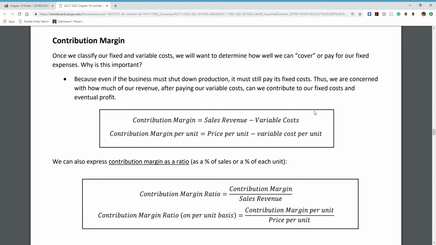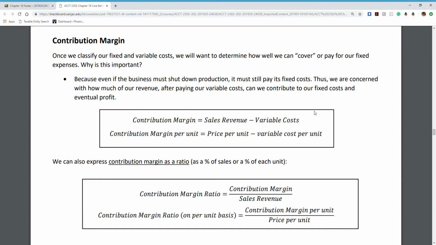So we figure out this contribution margin. That's going to be our profit pretty much being contributed to fixed costs, or how much money is actually going to get contributed to fixed costs in itself. Not fixed assets, fixed costs. Sorry. So we have contribution margin. It does equal sales revenue minus variable cost.